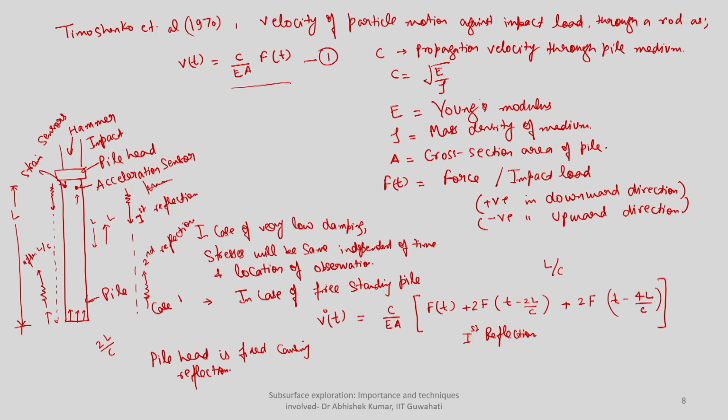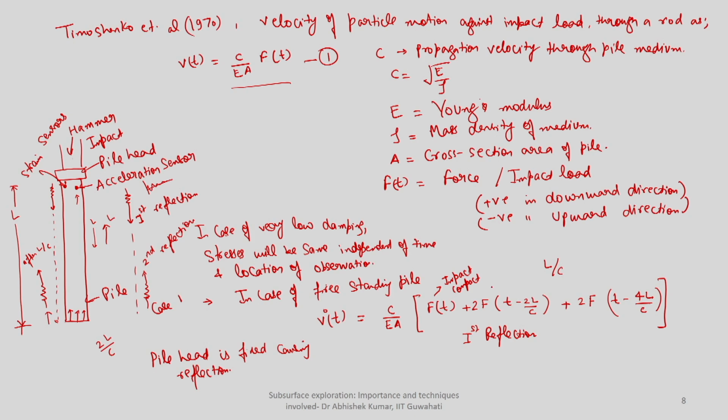Now, this is particularly the case. You have the direct impact component as detected by the strain sensor, then you have the first reflection, then plus some more component, which is the second reflection.